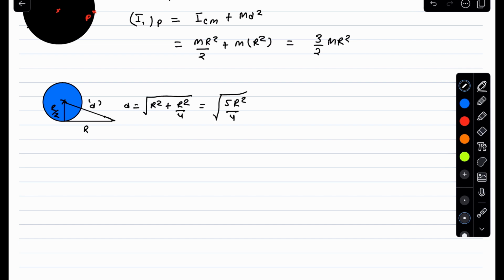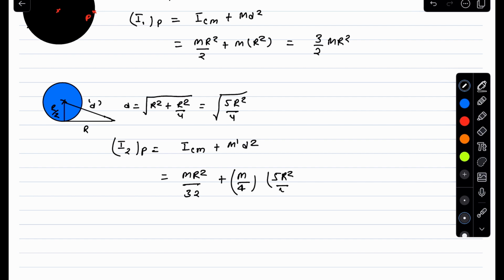Now if I use the parallel axis theorem, the moment of inertia of body 2 about the point P is its moment of inertia about its center of mass plus m′d². That becomes mr² divided by 32 plus m by 4 times d², where d² is 5r² divided by 4.